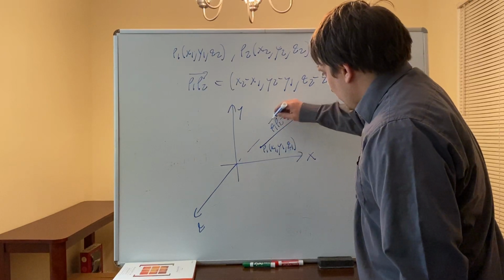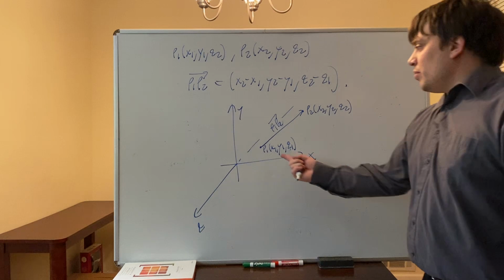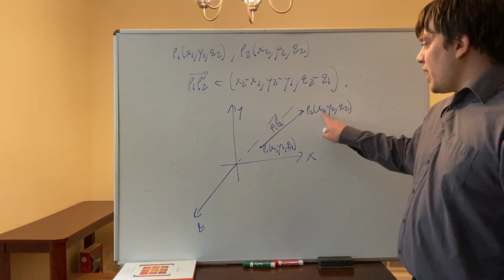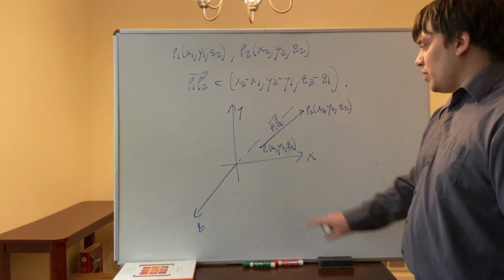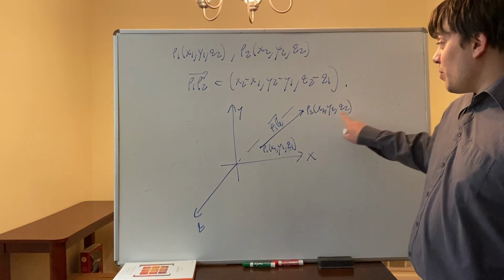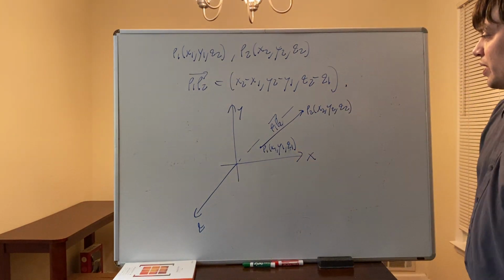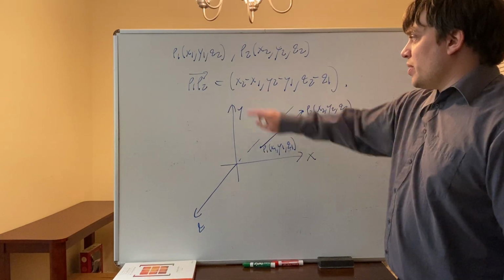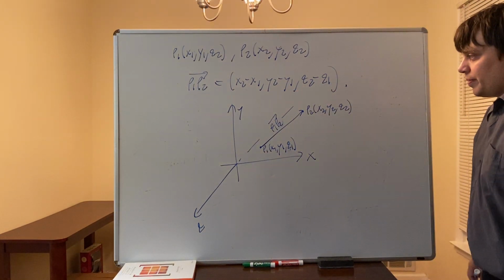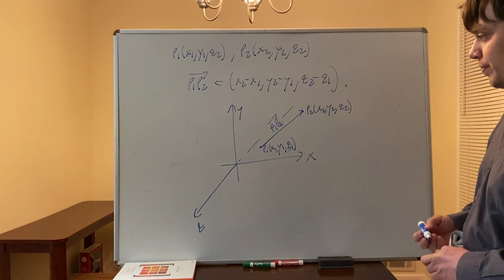Then to go from x1 to x2, we have to add x2 minus x1. To go from y1 to y2, we have to add y2 minus y1. To go from z1 to z2, we have to add z2 minus z1. And so the changes in x, y, and z values are x2 minus x1, y2 minus y1, and z2 minus z1, respectively. Okay, so those are the components of that vector P1, P2 there.